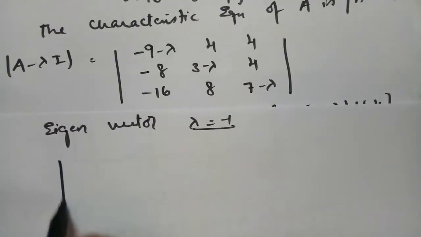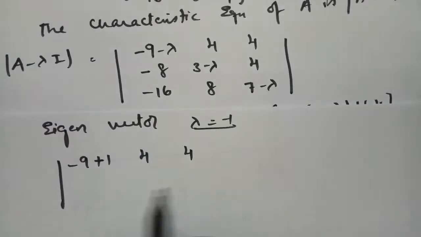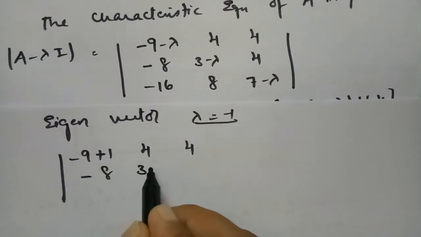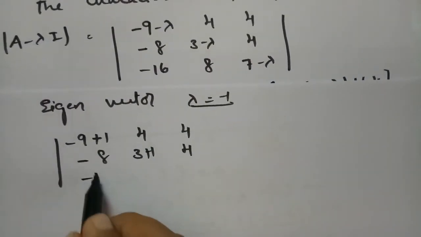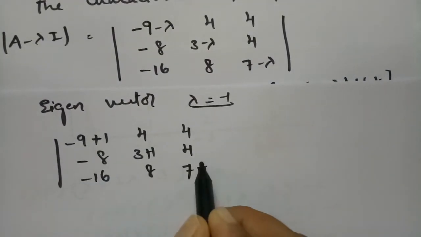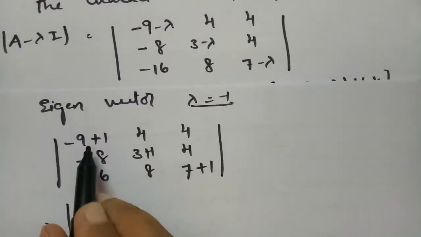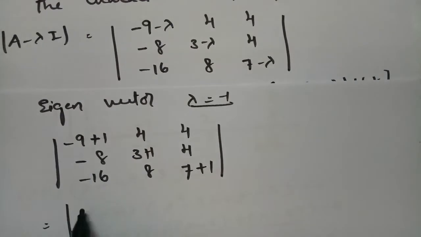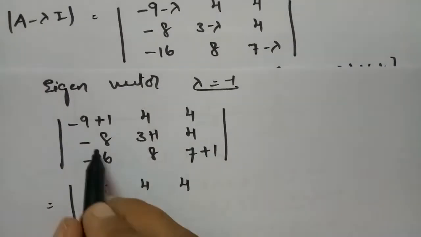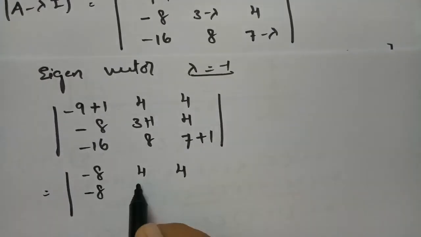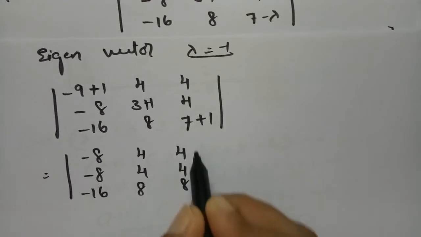So this will be minus 9 minus of minus 1, that is minus 8, 4, 4; this is 4, minus 8, 4; and this is minus 16, 8, 8, since 7 plus 1 is 8. So the matrix is minus 8, 4, 4; 4, minus 8, 4; minus 16, 8, 8.